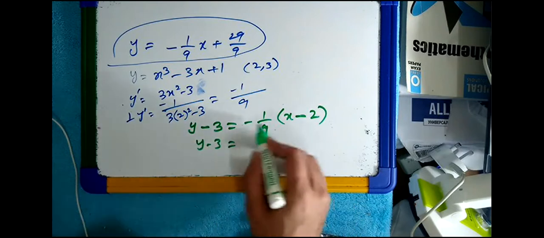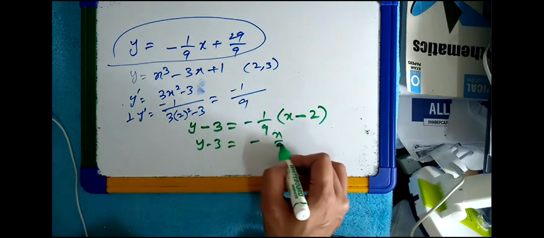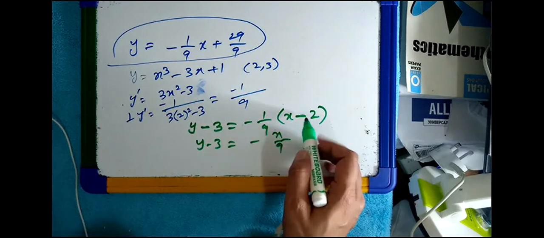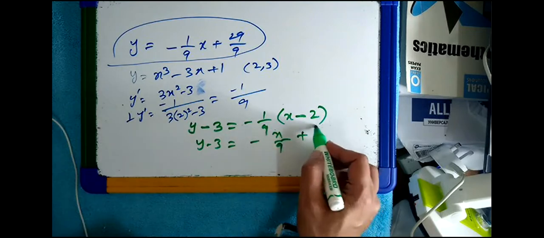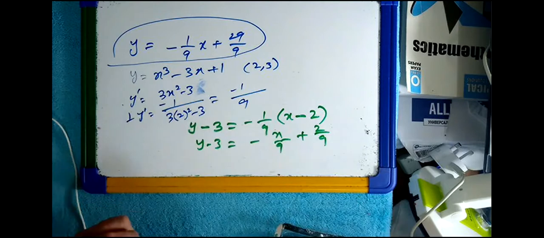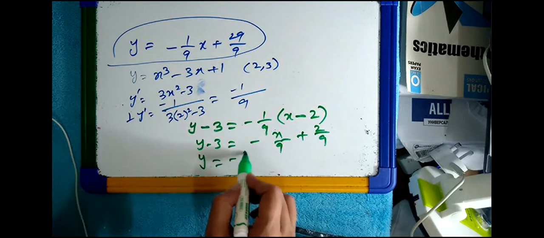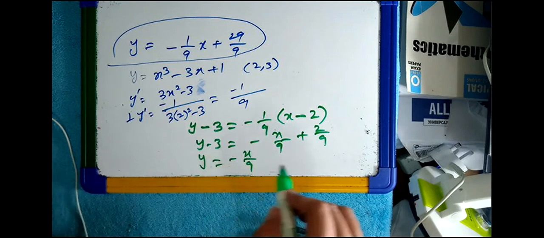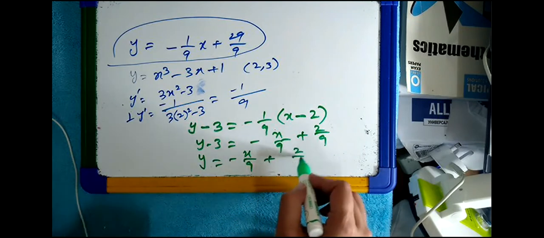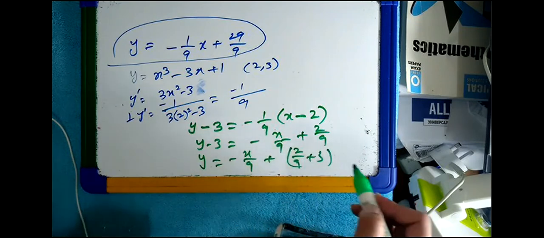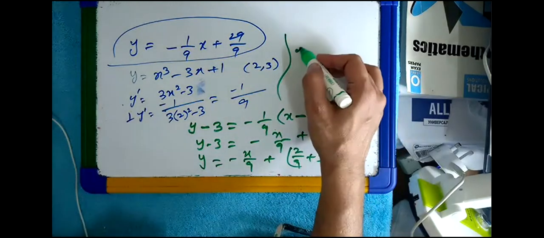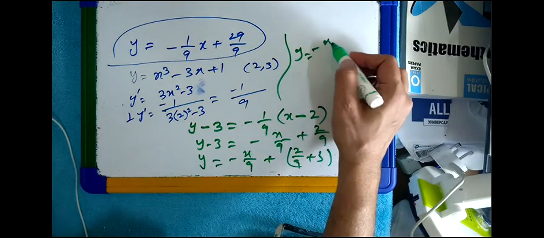I just multiply this, minus x over 9, and then minus minus, plus 2 over 9. So y equals minus x over 9 plus 2 over 9 plus 3. You did it like this? Yeah, and 2 over 9 plus 3 is 29 over 9.